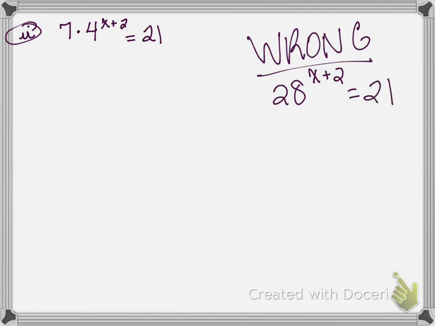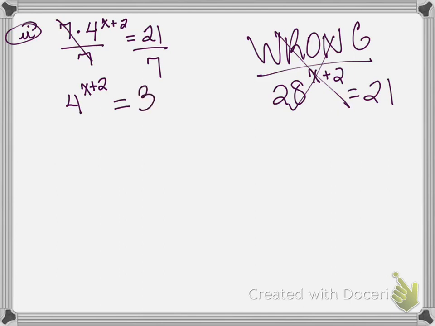That is wrong. It is incorrect. You cannot do it that way. Don't do it. So what we're going to do right here is divide both sides by 7. And when I do that, I have left my 4 to the x plus 2 by itself, and that equals 21 divided by 7, which is 3.